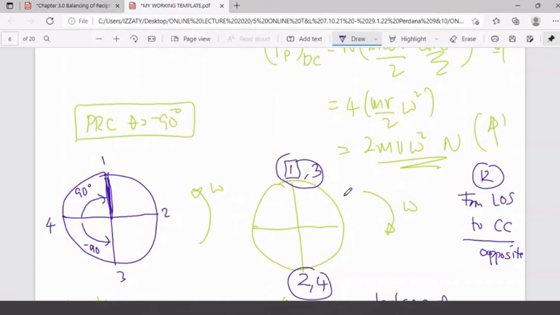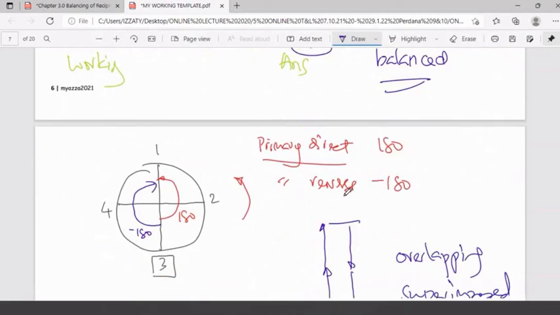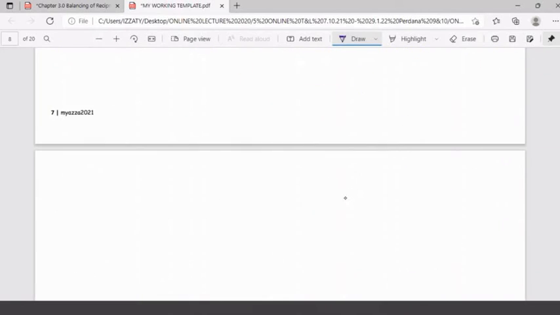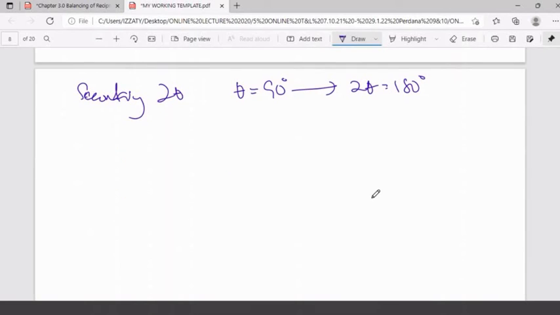Any question? Okay, now go for secondary. This one is secondary. What do you understand by secondary just now? It is 2 theta. What does 2 theta mean? 90 now becomes 180, isn't it? So how is it? It's not very difficult.